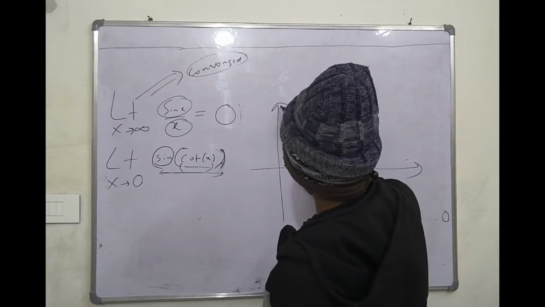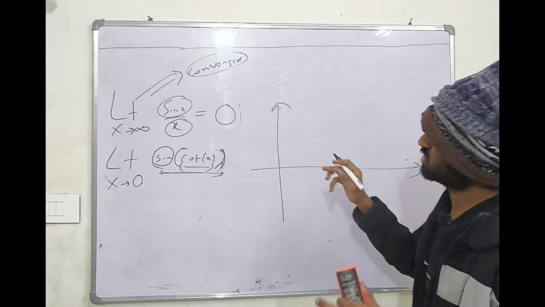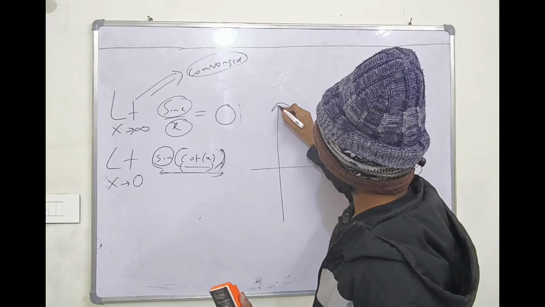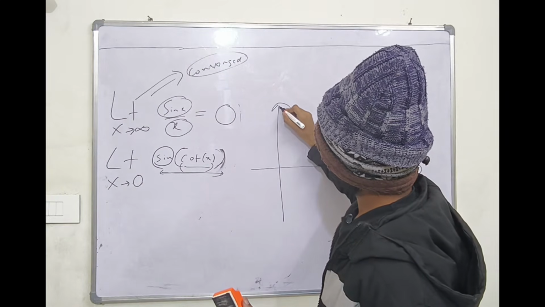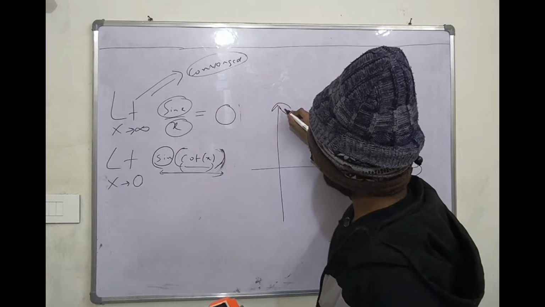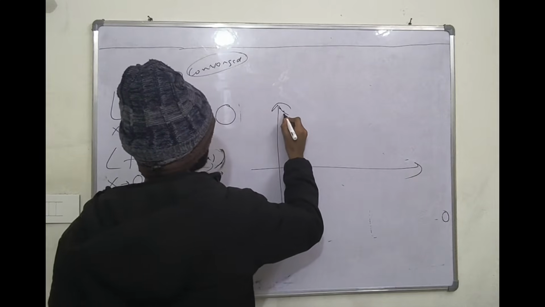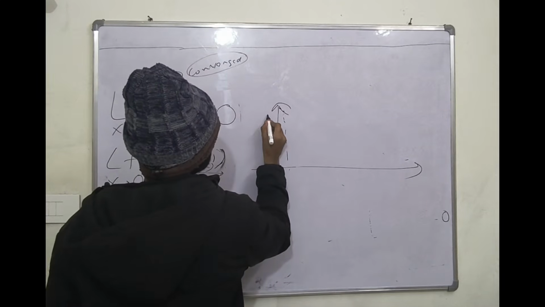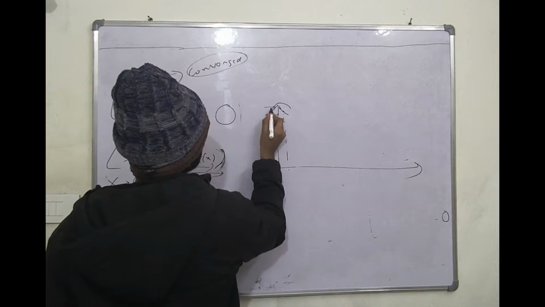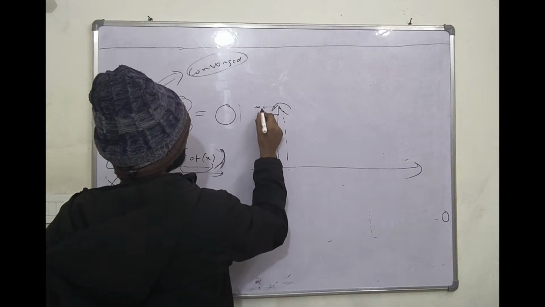Let's take example, limit x tends to just 0 plus. Cot x has a value that is plus infinity, and this is a small quantity less than infinity.